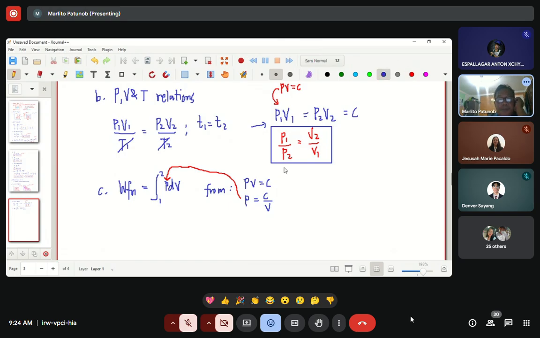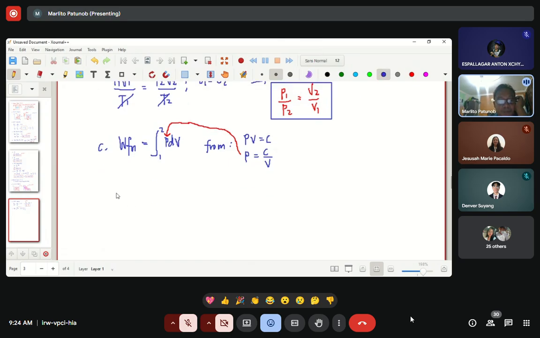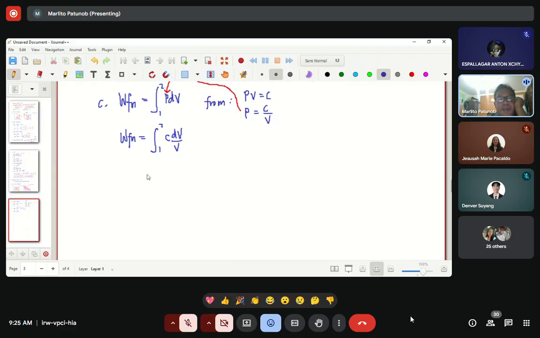So the work non-flow will be the integral from 1 to 2 of C dV over V. If you integrate and apply the limits, your work non-flow equals C times the integral from 1 to 2 of dV over V. Okay.